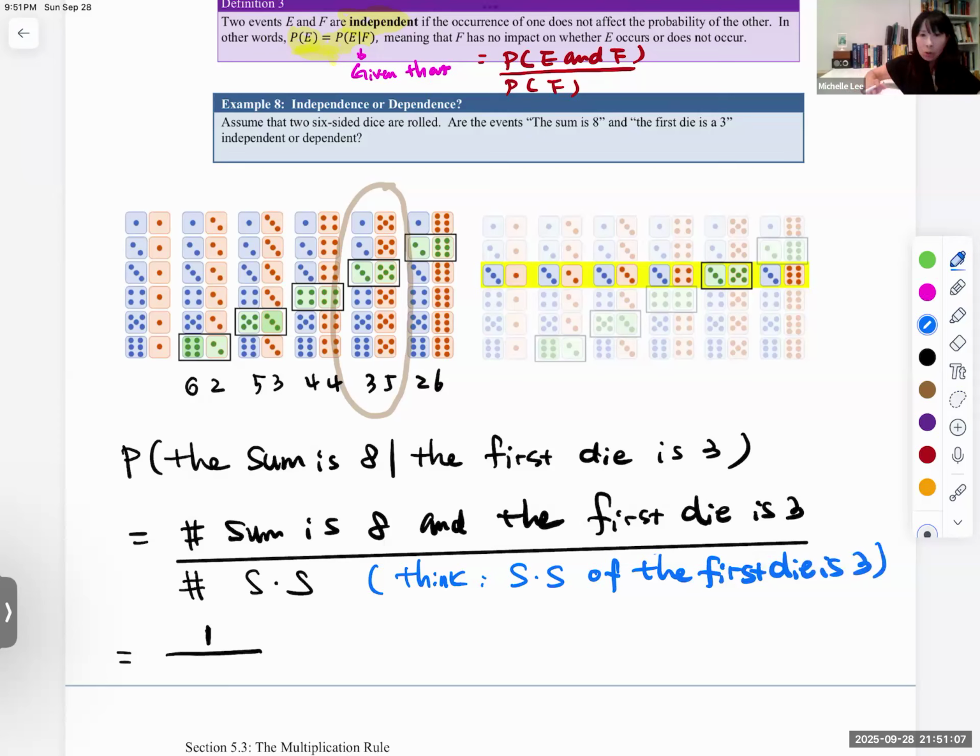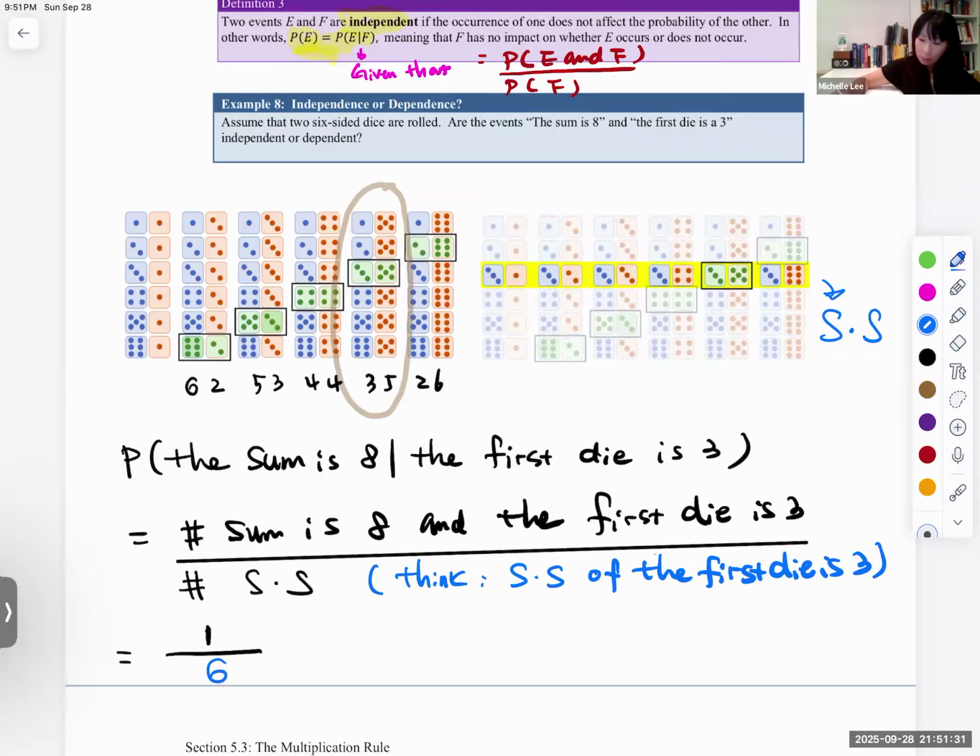Okay, so then the sample space is this one, the sample space where the first die is 3. So how many are there? 1, 2, 3, 4, 5, 6. 6.